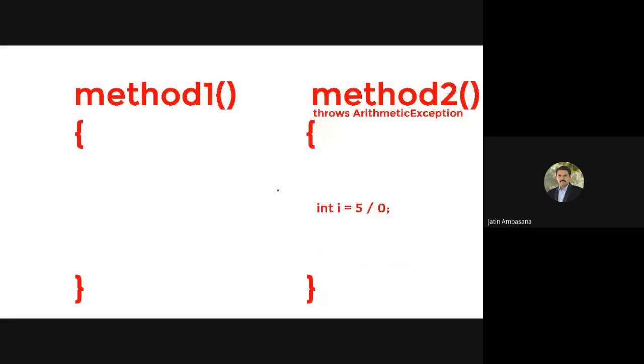This generates a runtime exception, which does not get detected during compile time. That's why it is called a runtime exception, and so we need to handle it using a try catch block. Either it generates it like this, or we are explicitly throwing a new arithmetic exception with the message "divide by 0 not possible".